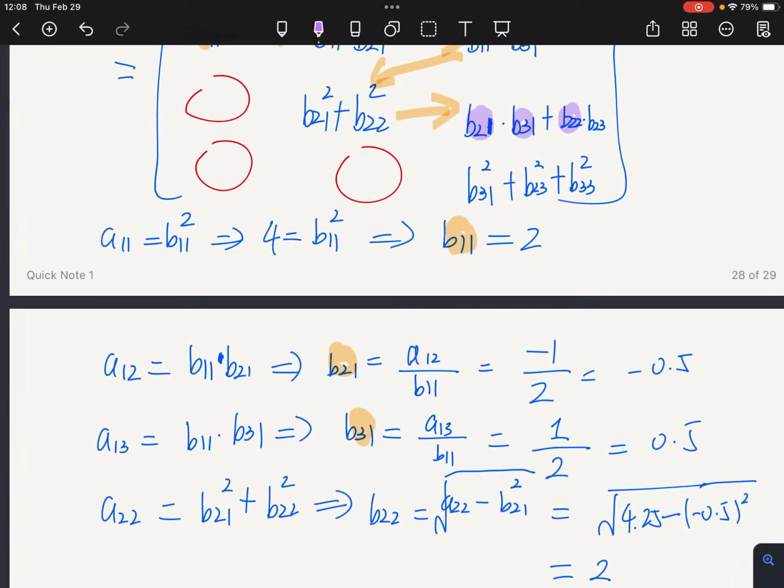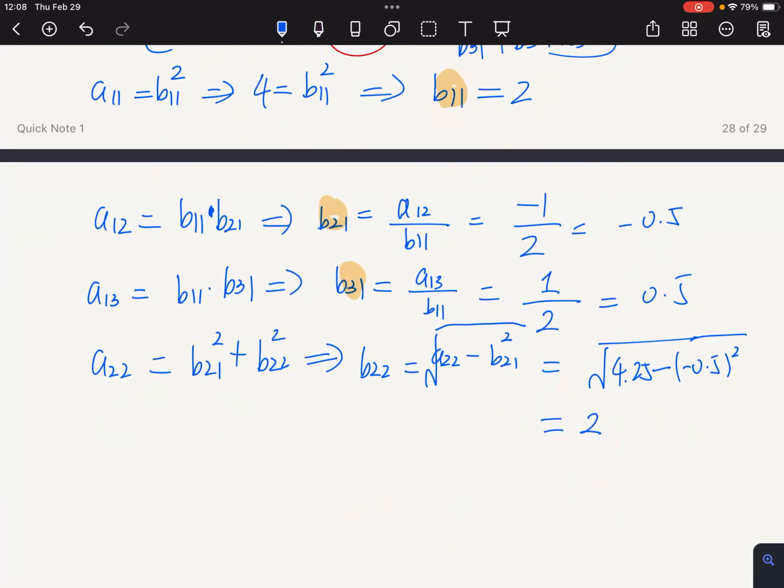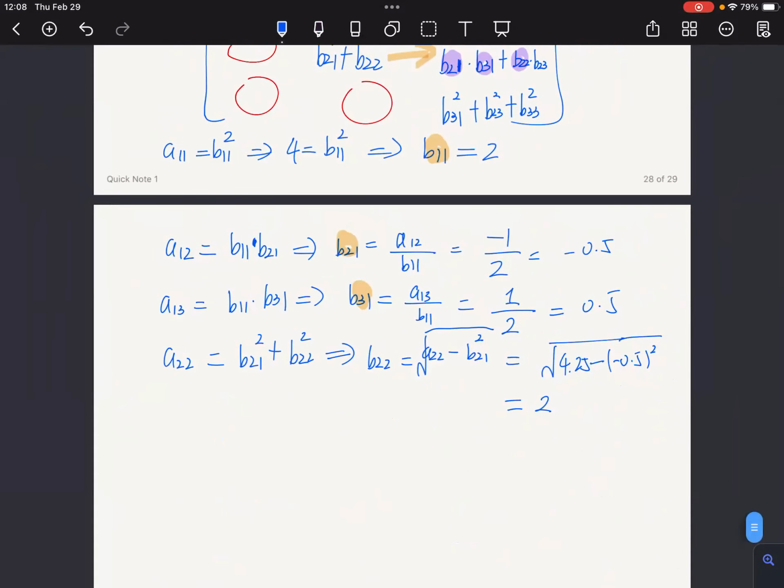And let's see. Let's compare the value we have here. We have the A, this is the second row and the third column, and then B21 times the B31, and then the values we know, B22 times the B23, and we already know the B22, so we are going to just solve for the B23.